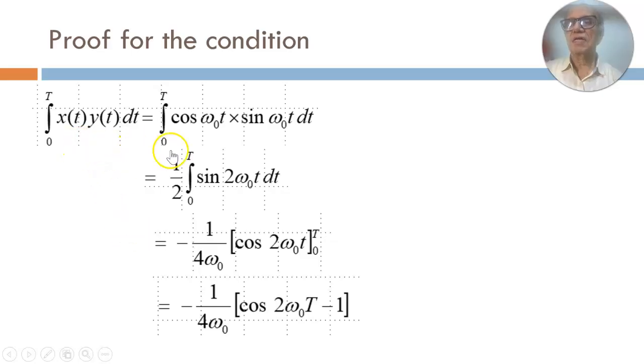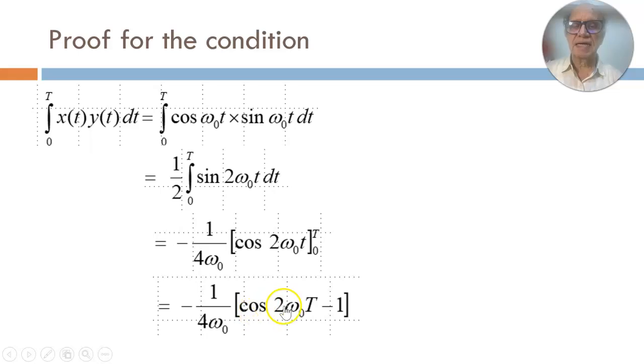Now these two signals are orthogonal to one another provided this result, which is the integration of the product, is equal to 0. If this is to be 0, the numerator must be 0, which means that this cos function must be equal to 1. So 1 minus 1, you will get 0.